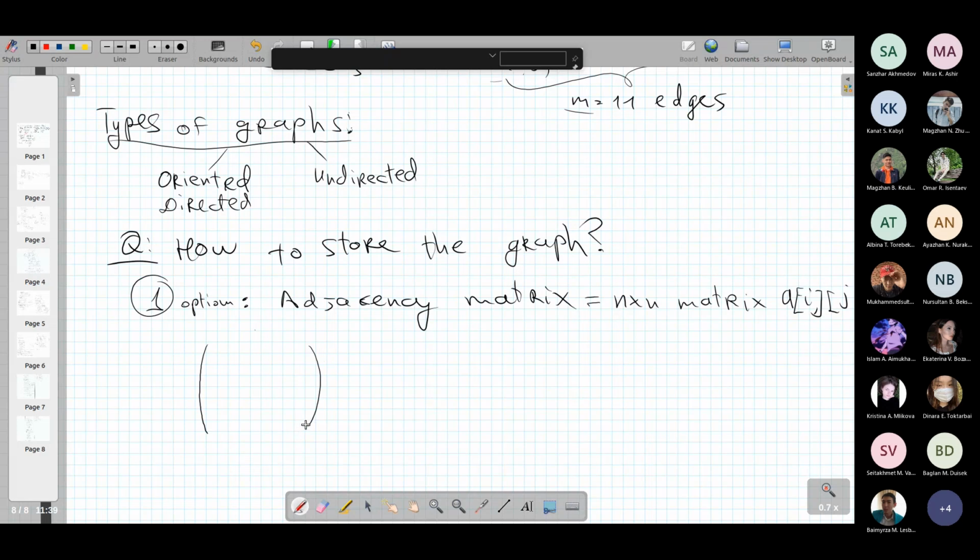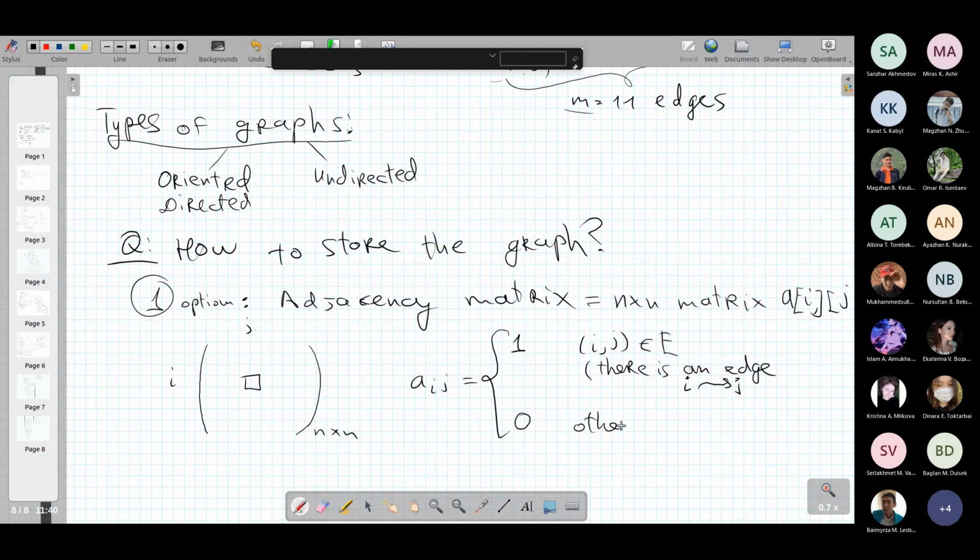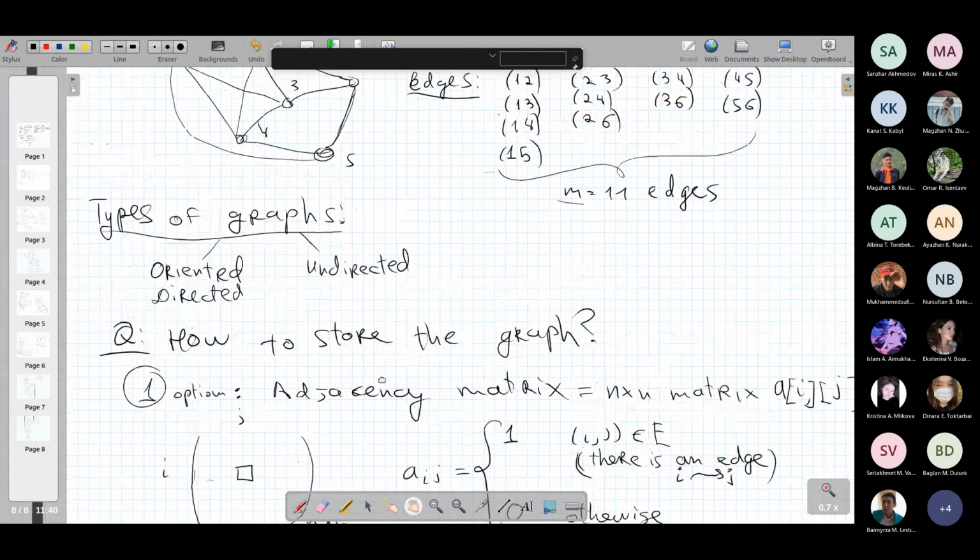The ijth entry means that A of ij equals 1 if there is an edge from i to j, and 0 otherwise.